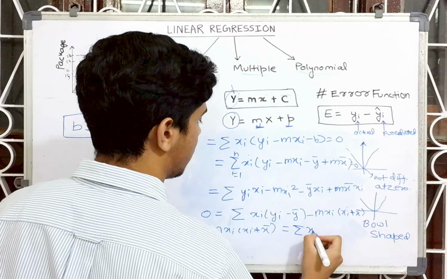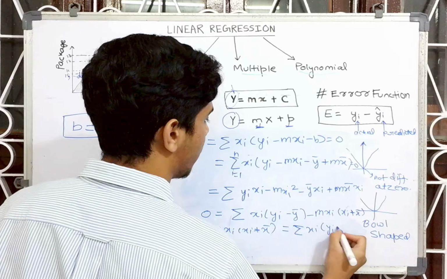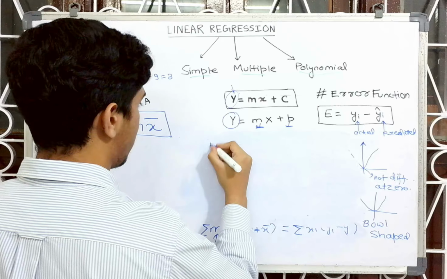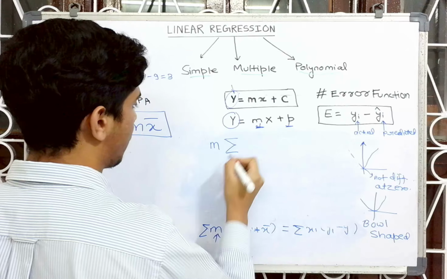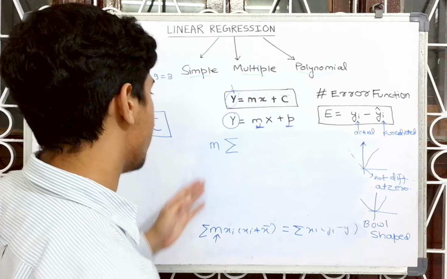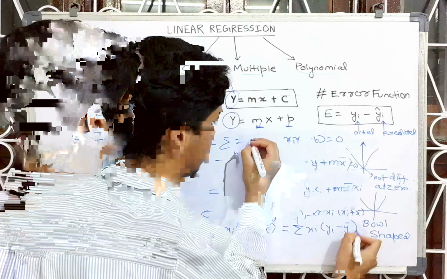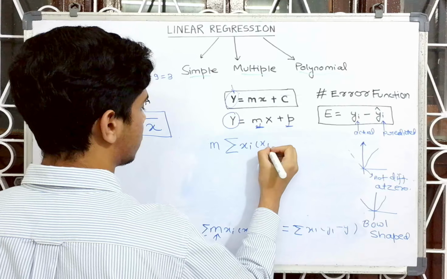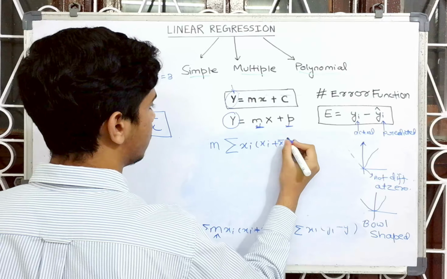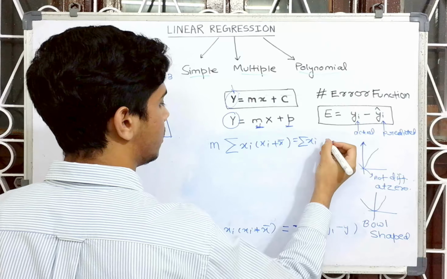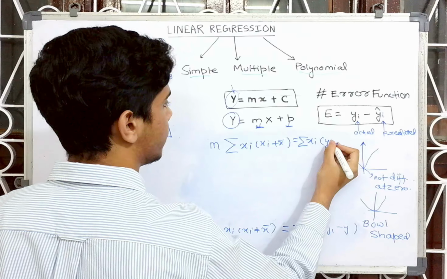Here also, xi yi minus y mean. We can take m outside because it is a constant, and this will look like this: xi plus x mean equals the summation of xi yi minus y mean.